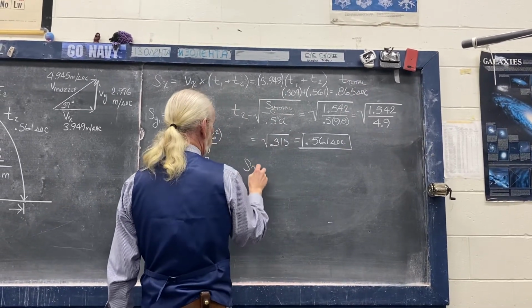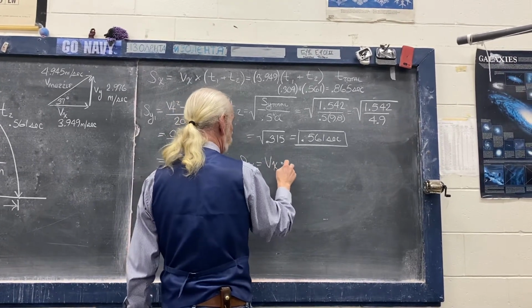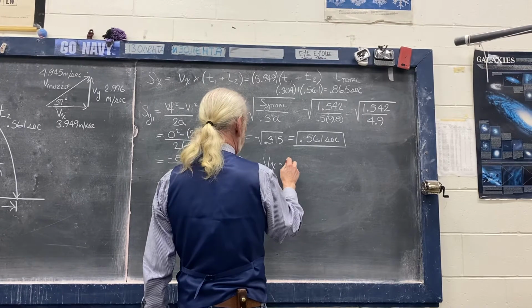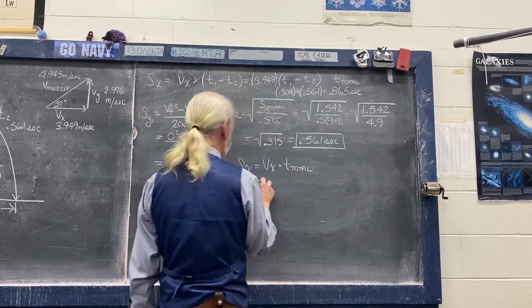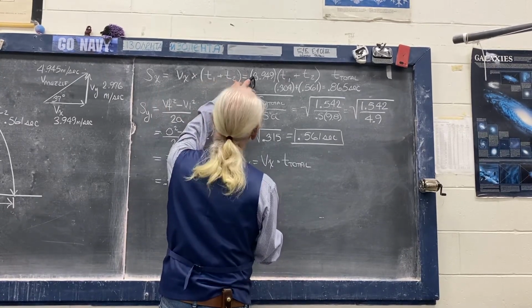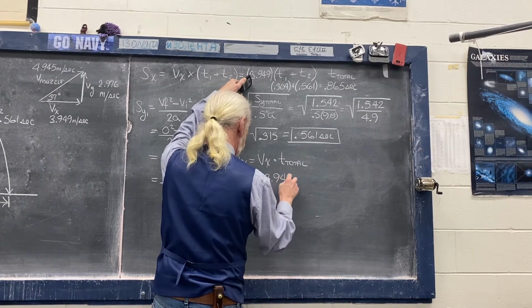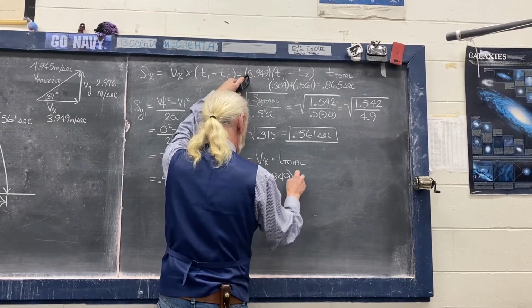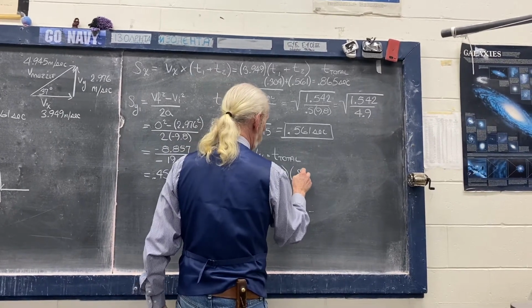Sx equals Vx times T total, which is 3.949 times 0.865.